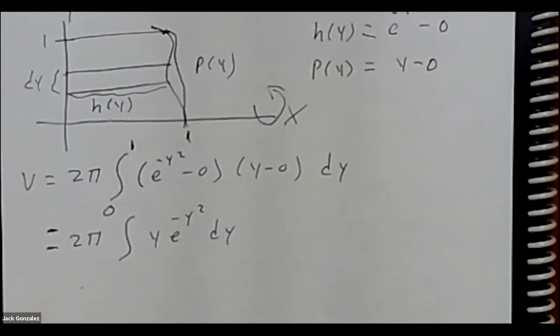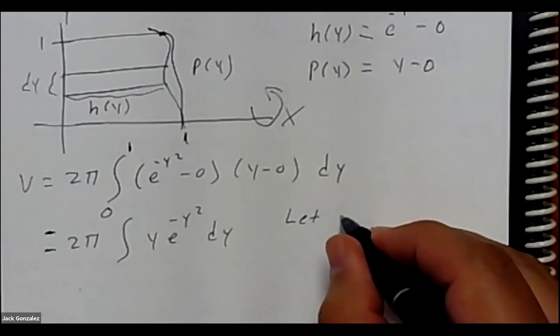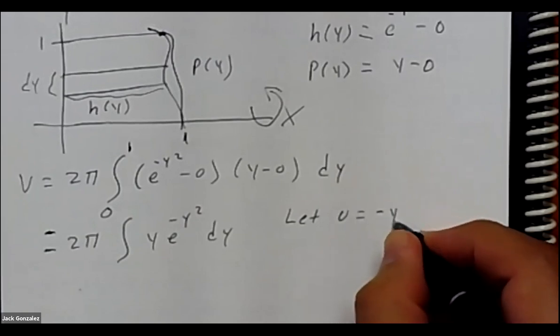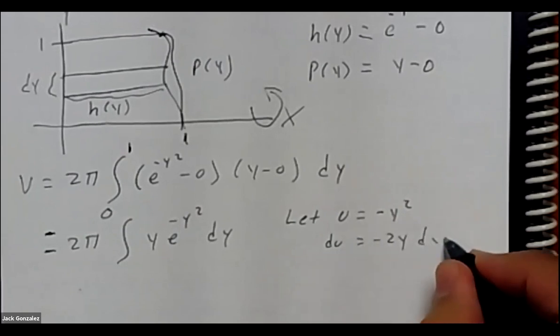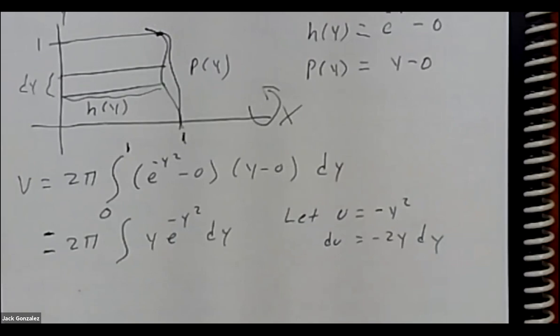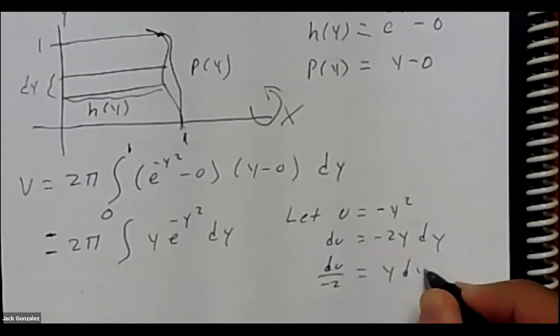What technique should we use to integrate this? Substitution. Let u equal negative y squared. Then du is negative 2y dy. There is no negative 2, so get rid of it: du over negative 2 is equal to y dy.